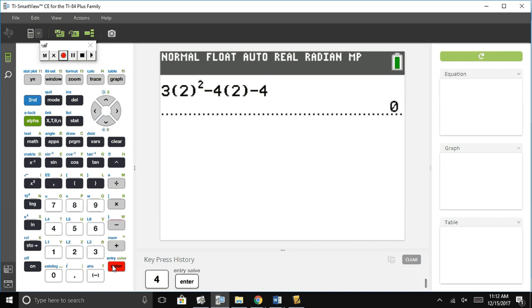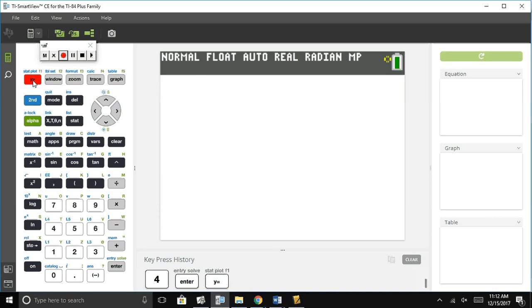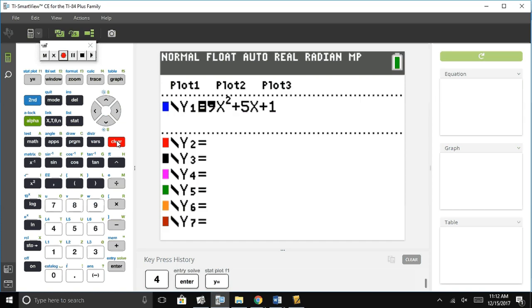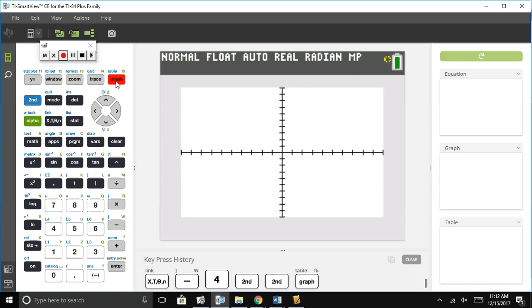But even more than that, when we look at a graph, if we plug this in, 3x squared minus 4x minus 4, and we look at the graph of this function, here it is.